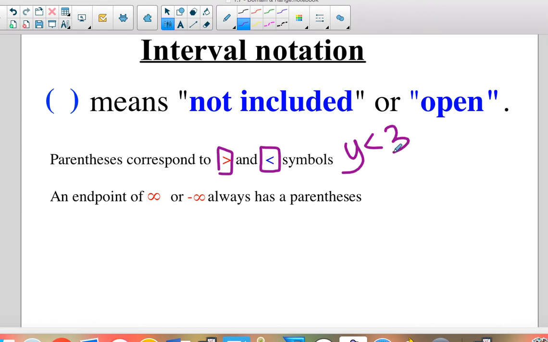We would actually put a parenthesis around the 3, and I'll show you what they look like in a second. Now, a general rule of thumb: if you're going to use the infinity or negative infinity symbols, always have a parenthesis around those. That's always going to be the case. You can never put what's called a bracket around those.